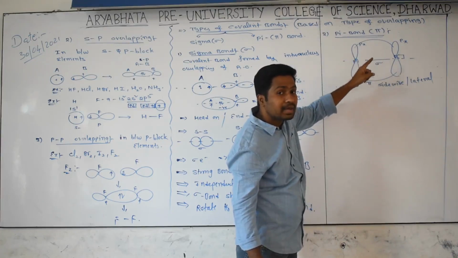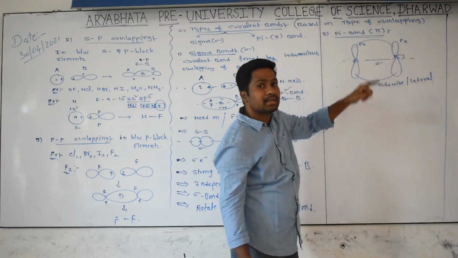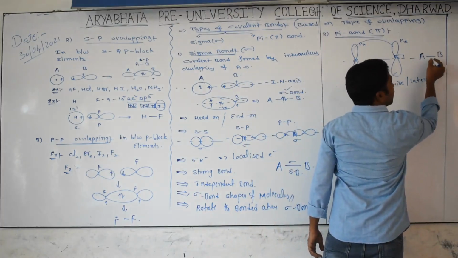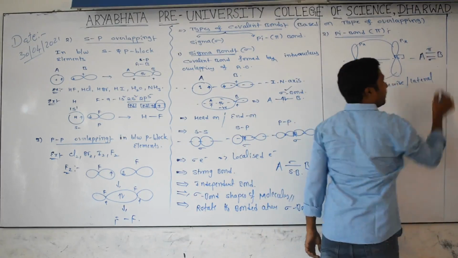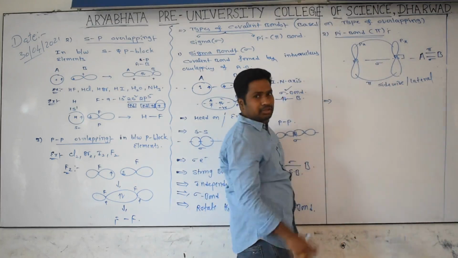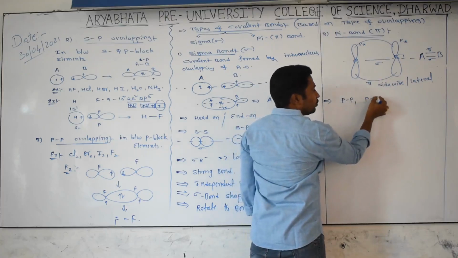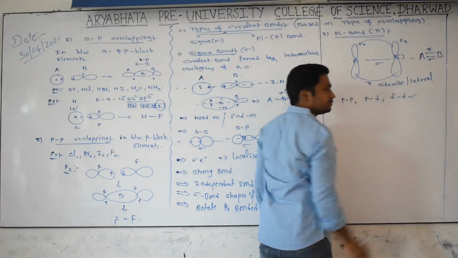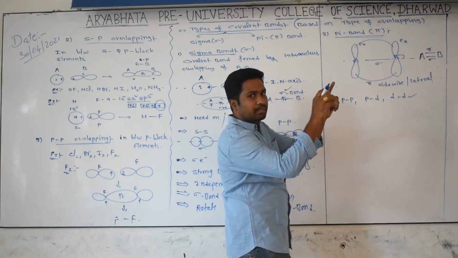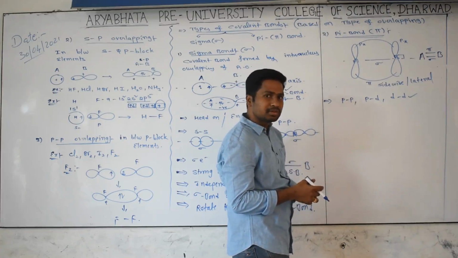That's why p-p, p-d and d-d orbital overlapping give a pi bond.